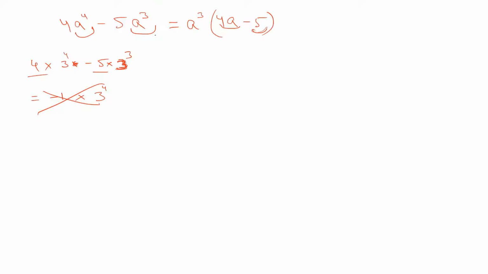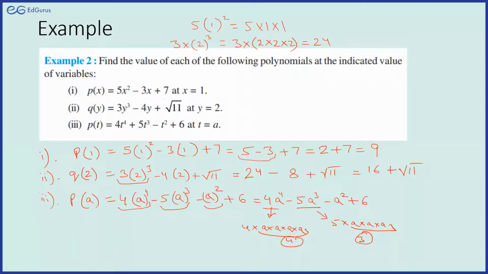So you cannot just add up the coefficients here. This coefficient has a to the power 4 attached to it. This one has a cube attached to it. These are two different things. Okay, so you cannot just add the coefficient. So you simply substitute it and nothing can be added together. So you leave it as it is.